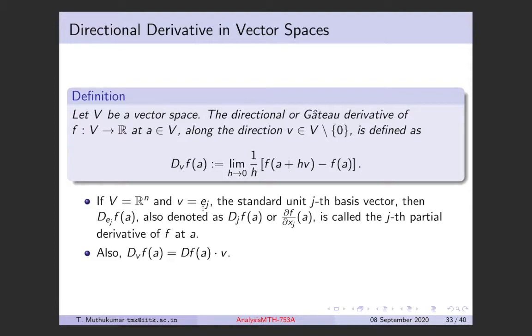Summation Vj Ej. And we can use that information to prove this. So the directional derivative of f at A along a vector v is nothing but the dot product of the partial derivatives with the given vector.